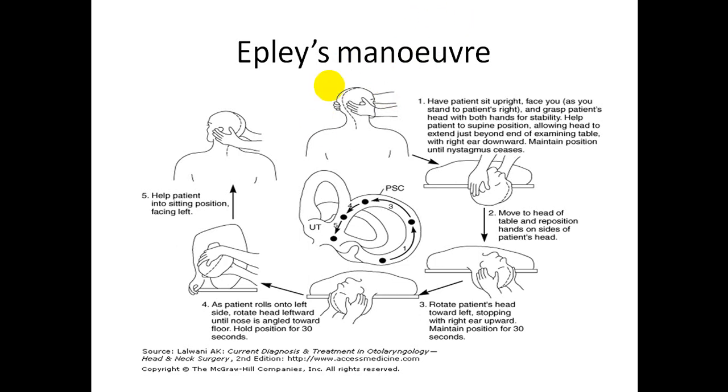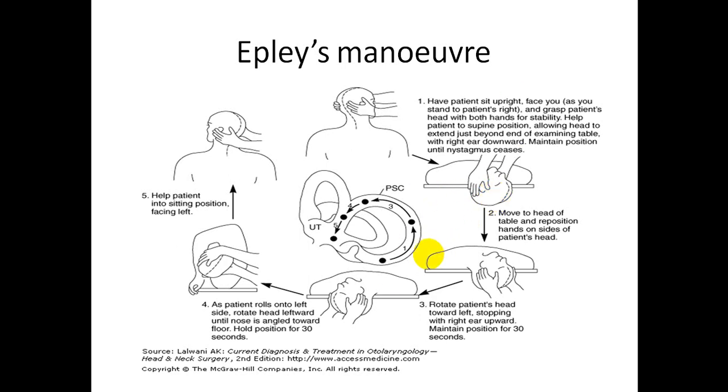We start with the turning of the head of the patient towards the right side, 45 degrees. Then we ask the patient to lie down with the extension of the head 30 degrees. And we should hold the position for 30 seconds or until vertigo disappears.